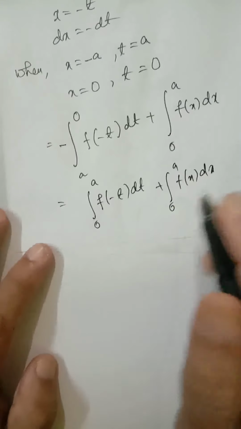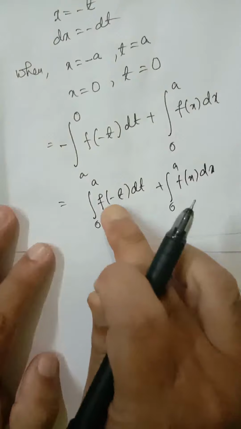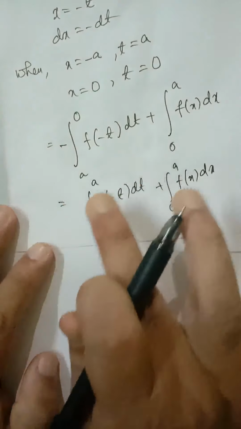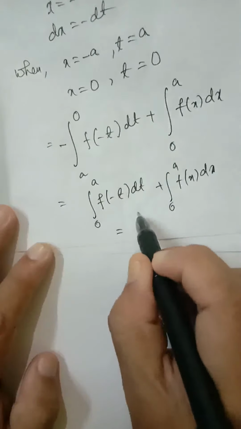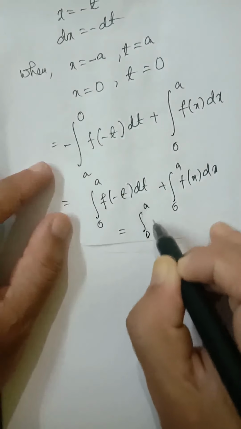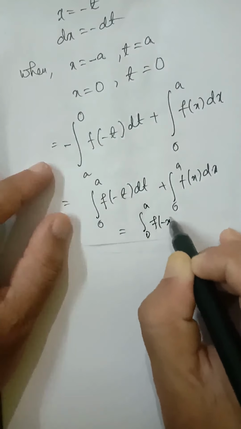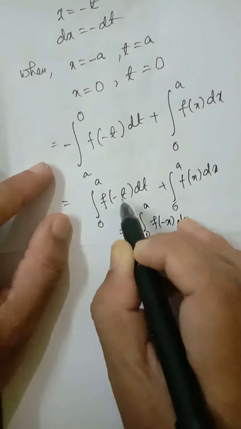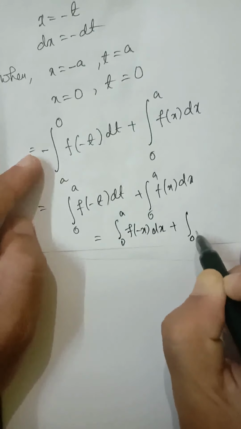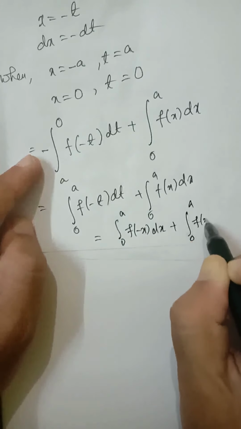In the next line, I will use property 1. I will just change the variable, keeping everything else, limits and form, unchanged. I will write this as the integral from 0 to a of f(-x) dx, where I have just changed the variable from t to x, plus the integral from 0 to a of f(x) dx.